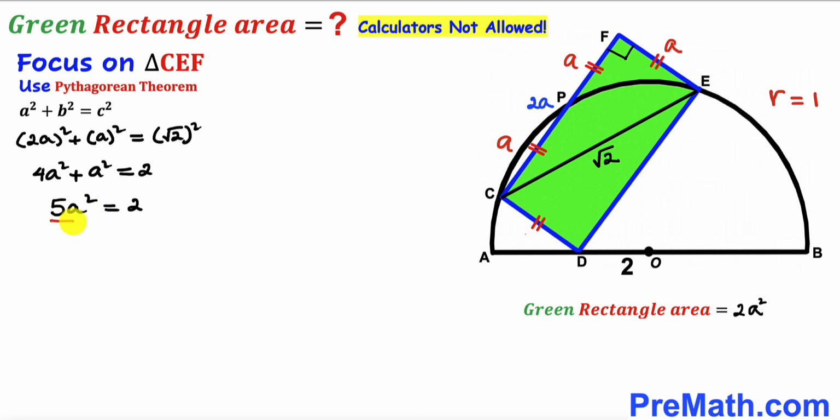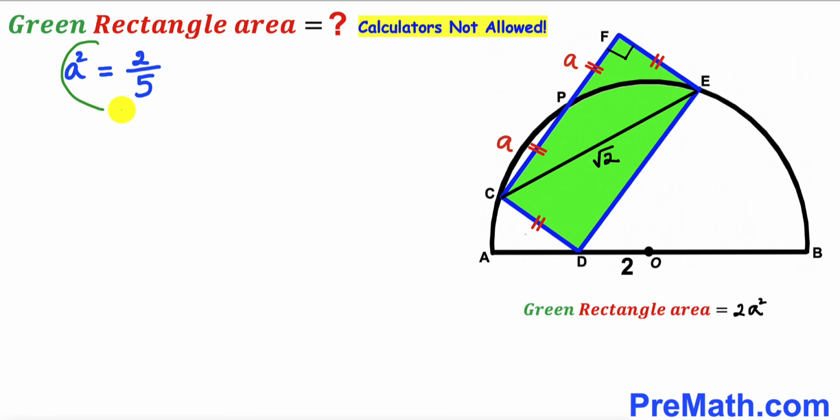And now I'm going to divide both sides by 5 to isolate a square. And here we can see 5 and 5 is gone. So therefore our a square value simply turns out to be 2/5, which is 2 divided by 5.